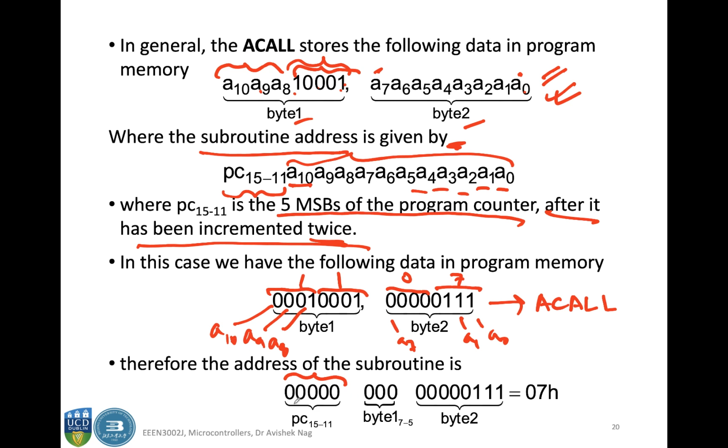So program counter 11 to 15, they were all zeros as I showed you. These A8, A9, A10 are 3 zeros, so they are here. And then A7 to A0 is just the byte 2 of the ACALL instruction. So that comes directly here, okay. So if you now combine everything, this is basically 0007, or 0, 0, 0, 7, and that is the starting address of your subroutine.